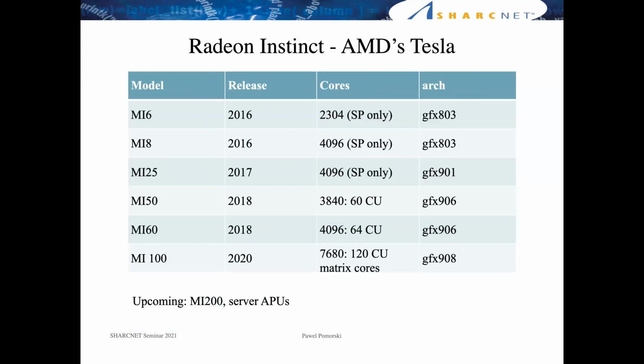Let me also talk about the high-end AMD GPUs and what the landscape is there. If you are interested in high-performance computing, you would probably not be buying gaming cards, even though, interestingly enough, AMD has no problem with people buying gaming cards and putting those into their servers. NVIDIA has a clause that you cannot put a gaming card into a server, but with AMD, that problem doesn't arise.